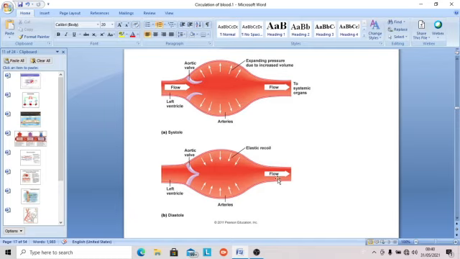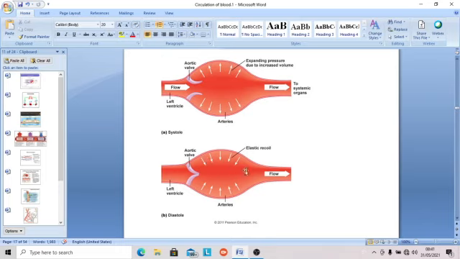And blood supply to the descending aorta and arteries will go on. The pressure will be less, of course, minimum up to 80. But a lot of blood was stored here because of the expansion of the aorta, and this will be supplied by the elastic recoil of the aorta.